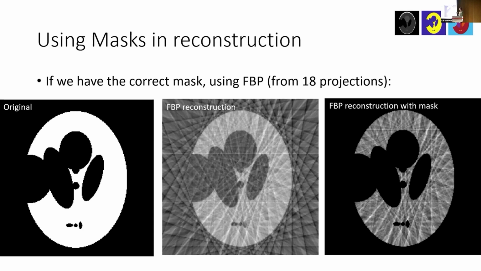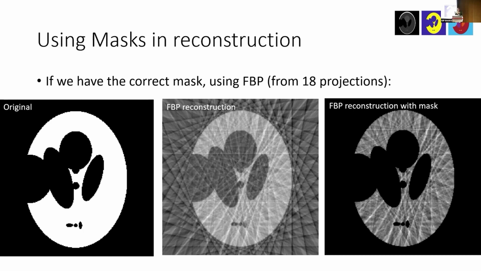And here I just applied the mask. So even if we know where our object is, how do we best utilize that information? Just using the mask as a cookie cutter at the end, cutting out after filtered back projection, doesn't really get us anywhere, because we still have the same artifacts in the image as we had before. We just cut out the shape, so just set everything to black in the background.